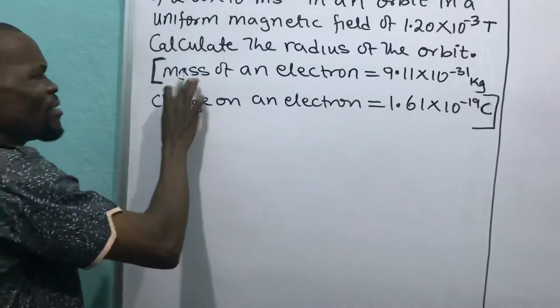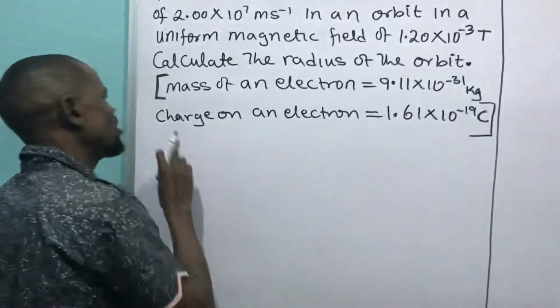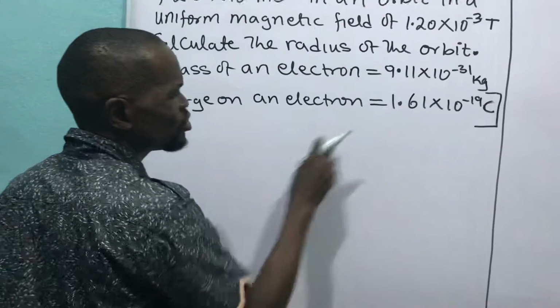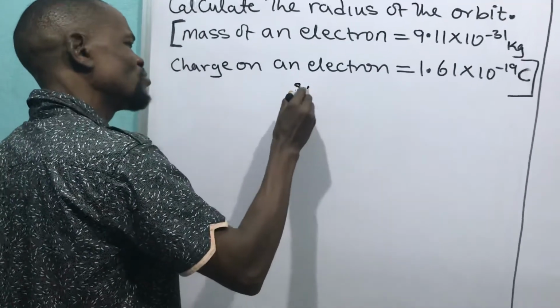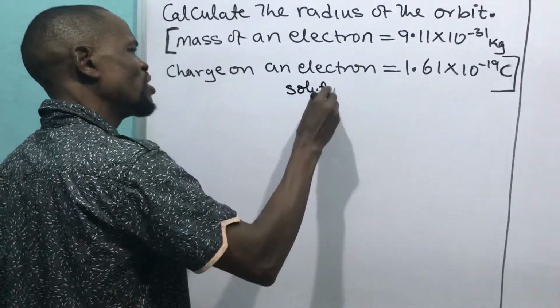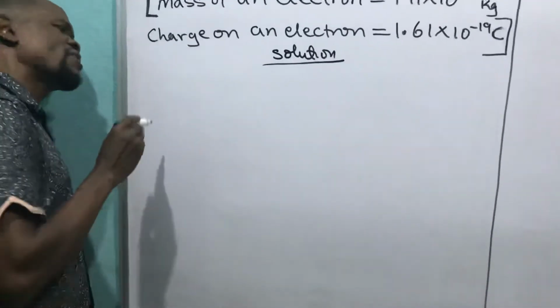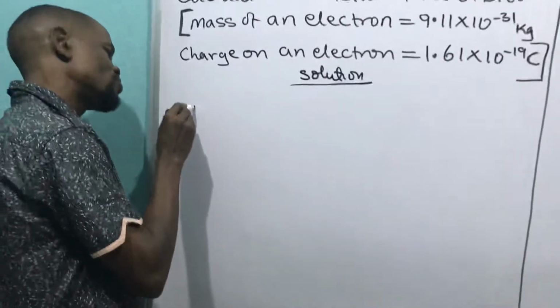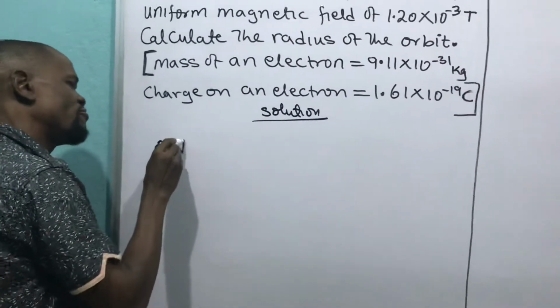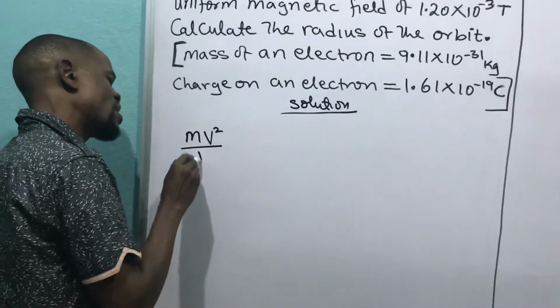They give us the mass of an electron and the charge on an electron. Without wasting time, what formula are we using? They give me the mass of the electron, so I can say that the force is mv squared all over r.